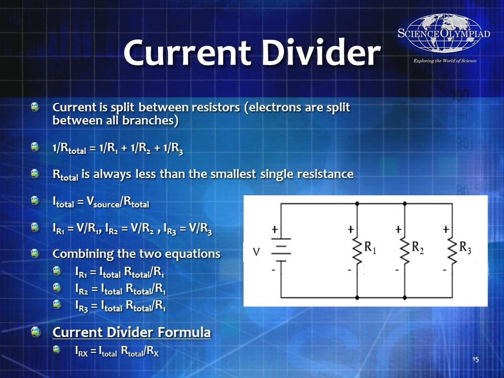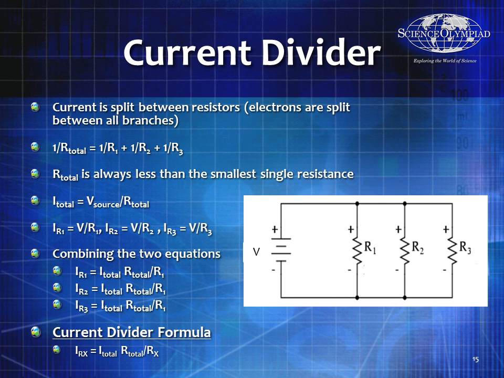Well, if I have a voltage divider, you know I'm going to come up with a current divider. Now, in a current divider, the voltage is the same across all of these resistors, but the current is not. So we remember that to solve for the R equivalent, 1 over R equivalent is equal to 1 over R1 plus 1 over R2 plus 1 over R3.